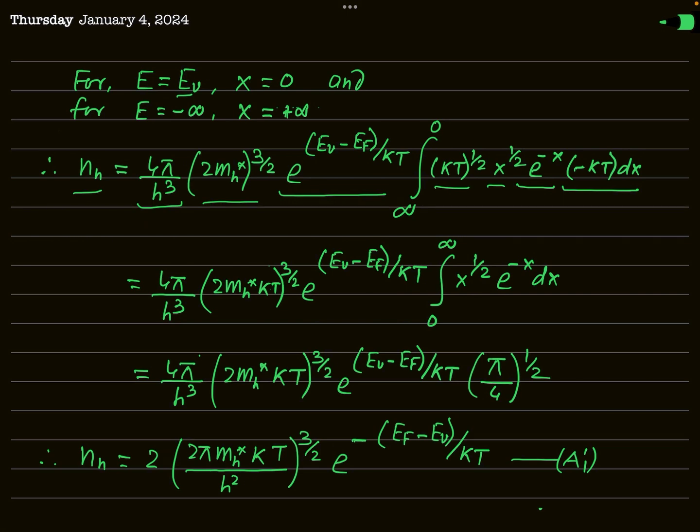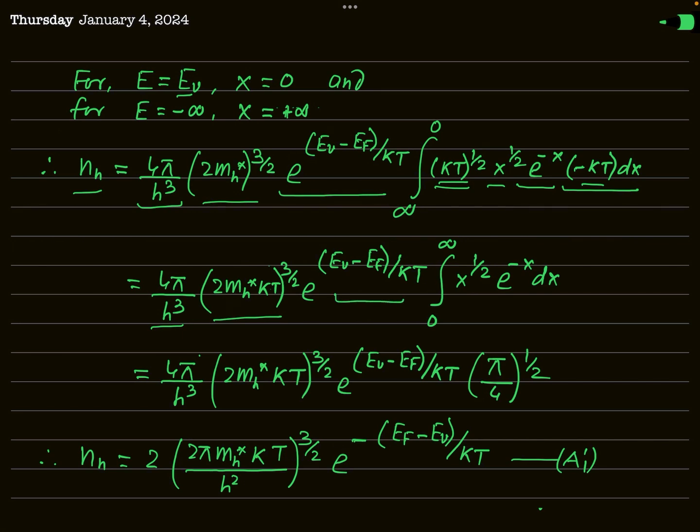Okay, now you can see this kT to the power half and this kT will get multiplied, and that will be kT to the power 3 by 2, so you can take it outside of the integral and your result is 4 pi over h cube times (2 mh star kT) whole to the power 3 by 2.